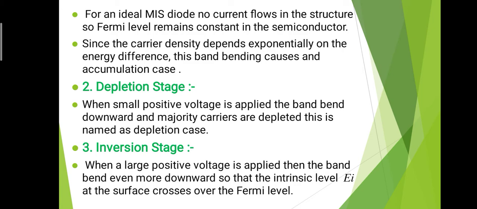That means when we apply a large positive voltage, the band bending obviously occurs in a downward direction, but this band bending is more, such that the intrinsic level EI in the semiconductor at the surface crosses over the Fermi level. So this is the situation when we apply the large positive voltage.